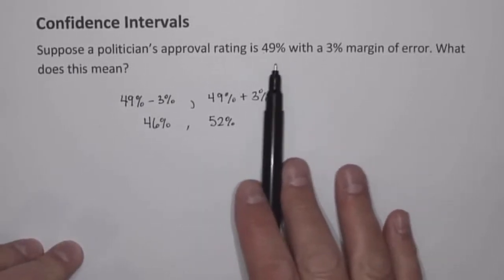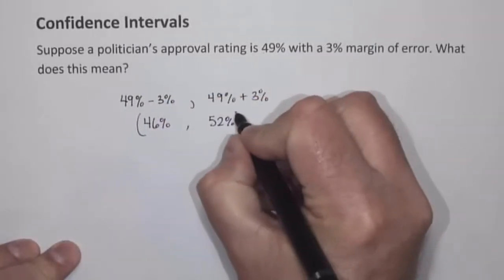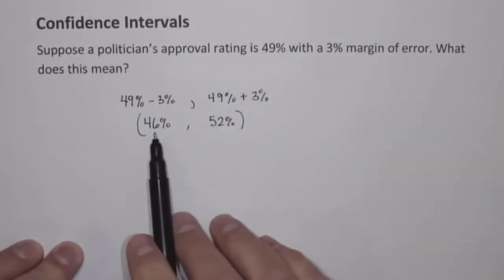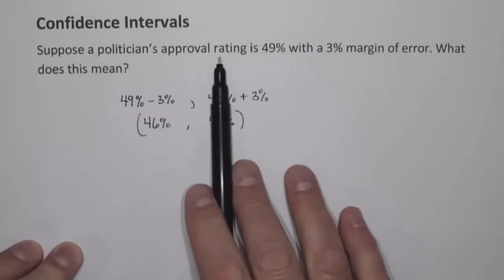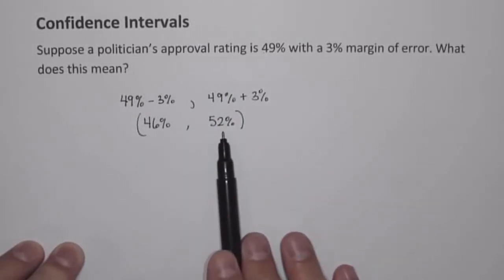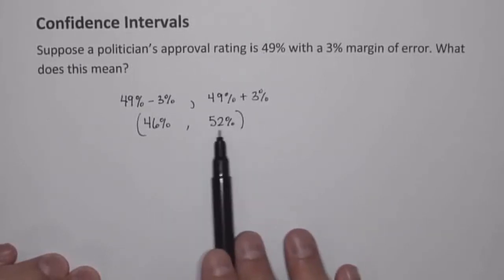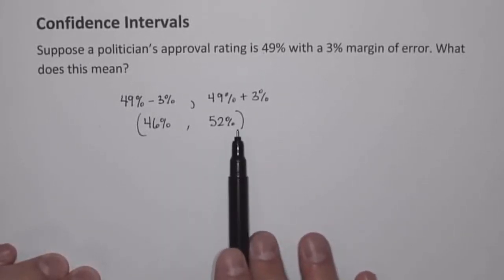So that's the idea of what we're talking about with the confidence interval. So the confidence interval would be saying that the true approval rating is probably somewhere between 46% and 52%. Now, I've been emphasizing the word probably because there's a chance that the true approval rating is not within that margin.